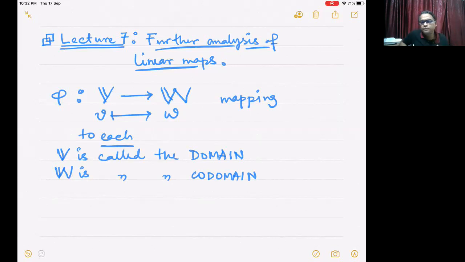Two different V's can go to the same W. Also, there is no reason why for every W there should be a V. It may so happen that some of the W's in the codomain space are not such that there is some V which gets mapped to that W. That is always possible. We can see some examples of such mapping.